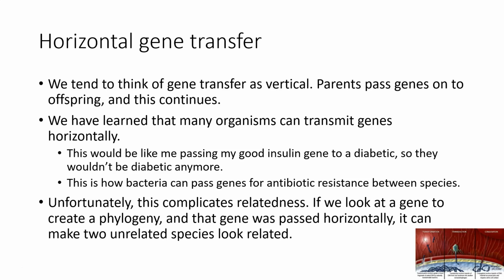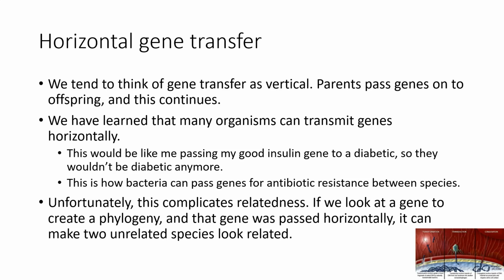Now, if we were trying to make a phylogenetic tree and we happened to pick a gene that was getting passed from one species to the next, it would make it look like those two species were related to each other, when really they just happened to live next to each other and they swapped some genes between them. So horizontal gene transfer makes everything much more complicated, and it also makes understanding bacterial relationships very complicated.